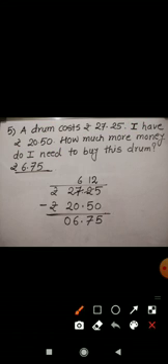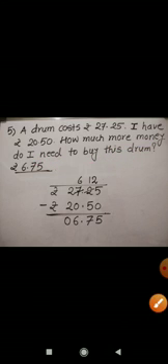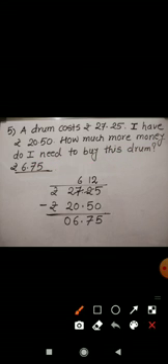So they asked us, how much more money do I need to buy this drum? Now to find out the amount we need more, we need to take the difference of these two amounts. Children, here you can see the difference, and the difference comes 6.75. It means I need 6 rupees 75 paise more to buy this drum, which costs rupees 27.25.